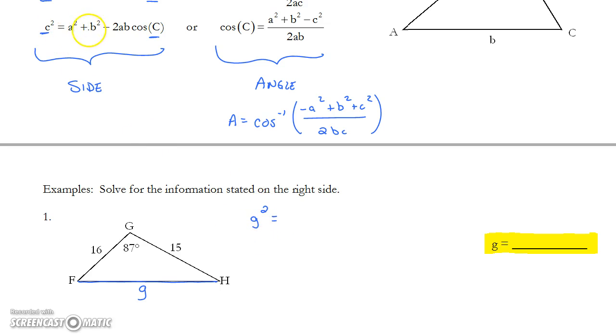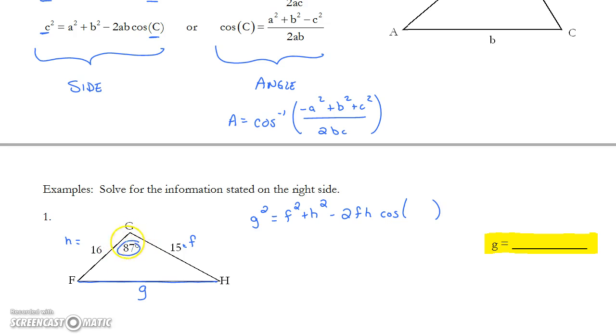I'm going to square and add, so find the sum of the squares of my other 2 sides. In this case, my other 2 sides are f here and h here. So g squared is going to equal f squared plus h squared minus 2 times these, without squaring them, times f times h, and the cosine of my included angle.